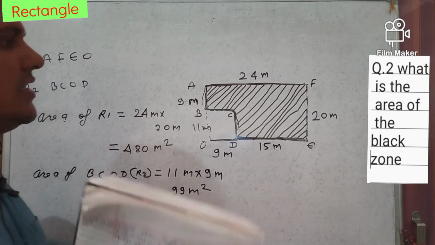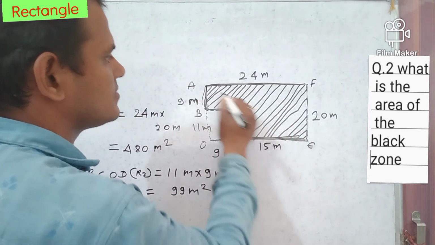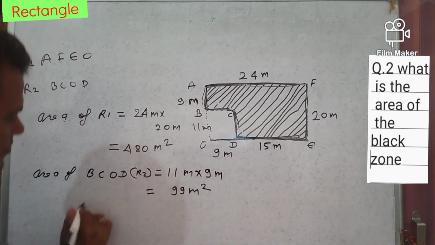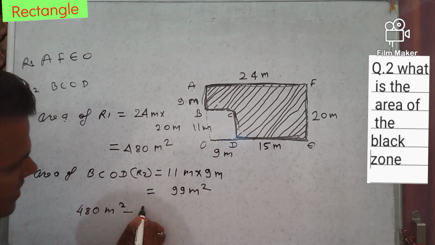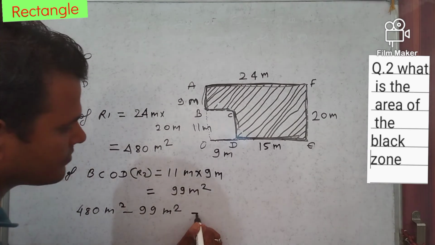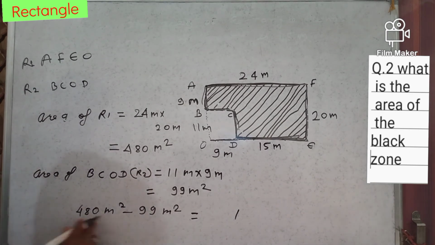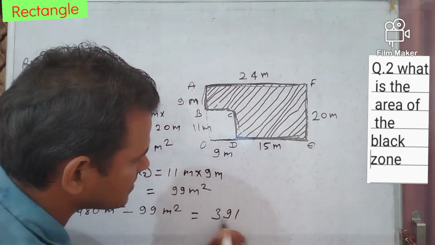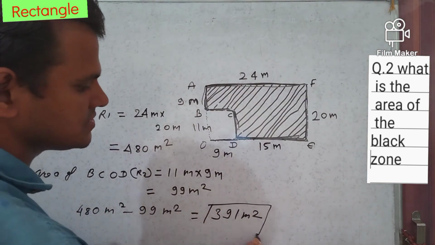Our target is to find only this zone, so we will subtract 480 meter square minus 99 meter square. So this is the answer of this question.